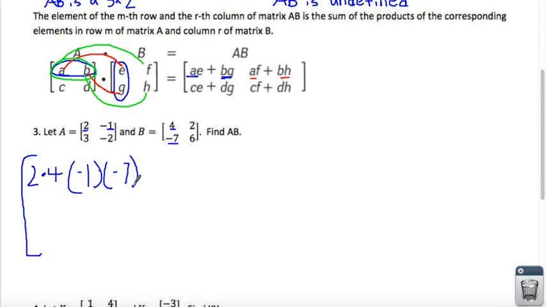And that's just my first entry. To get the first row, second column, again I use 2 and -1, so it's now 2 times 2, and then added to -1 times 6.